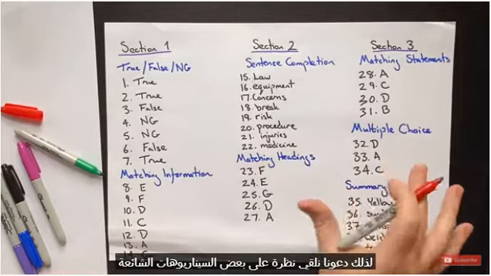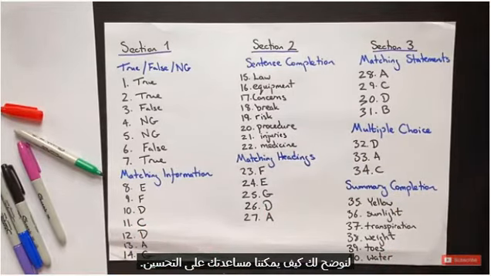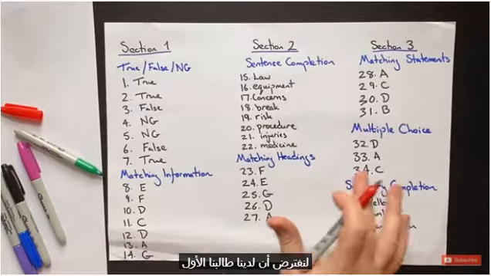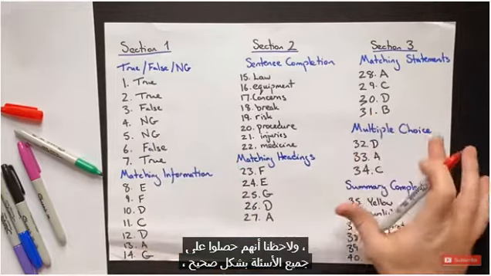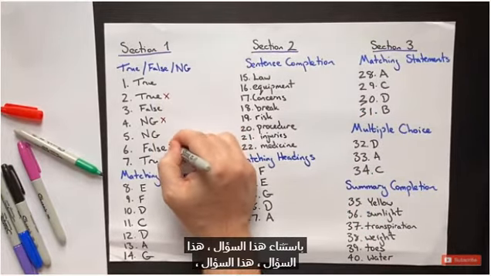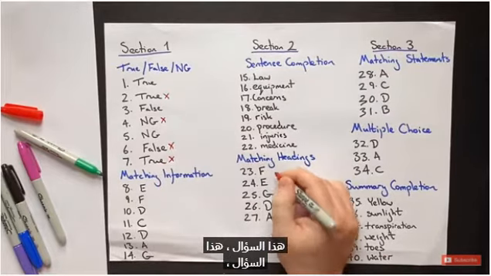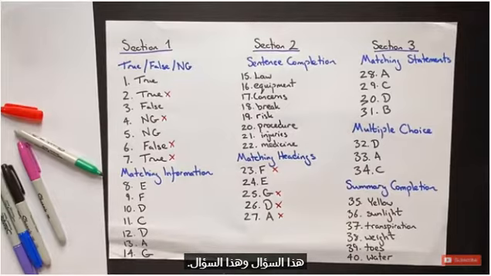Let's look at some common scenarios to show you how we can help you improve. Let's say we have our first student and we notice that they get all the questions correct except these questions.